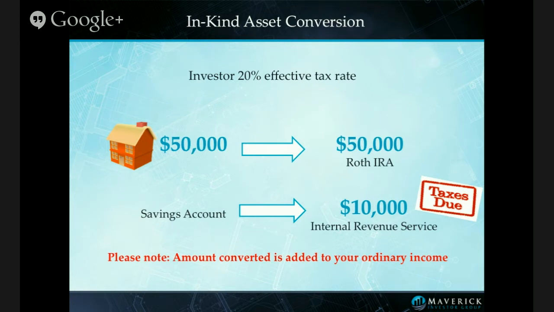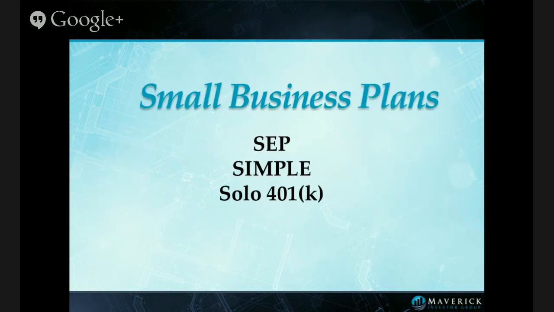Your custodian, Equity Trust, would help you in this case, and then the value of that asset is added to your taxable income for that year, and then at that point, the investment is owned by your Roth IRA and will grow tax-free. Okay, so there's many ways to do a conversion, but it's powerful to understand that, because if your retirement funds are in a tax-deferred environment today and you want to get them to tax-free, it's important to know that you can do that.